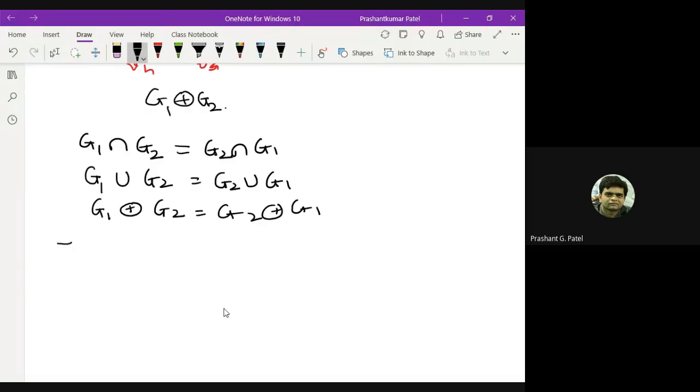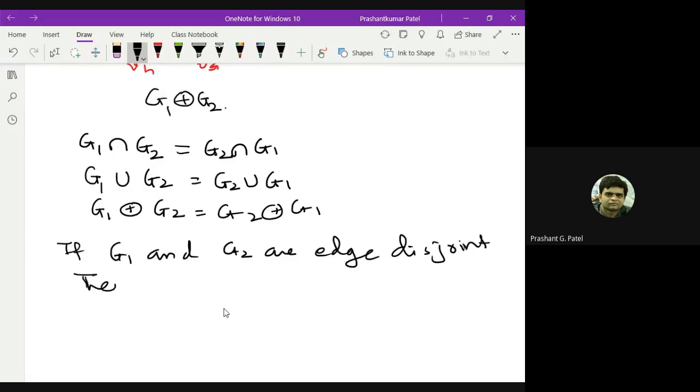What will happen if G1 and G2 are edge disjoint? Then what can you say about G1 intersection G2?